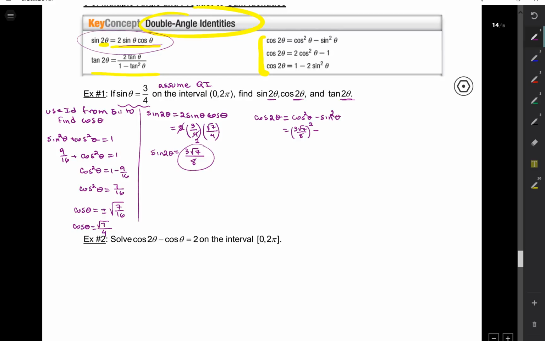Yeah, because cosine squared theta is 7 over 16. Oh my god, I'm so sorry, I don't know what I'm doing. Yeah, cosine squared theta was 7 over 16, minus sine squared theta, which was 9 over 16. So how much is that? Negative 2 over 16, which means cosine of 2 theta.